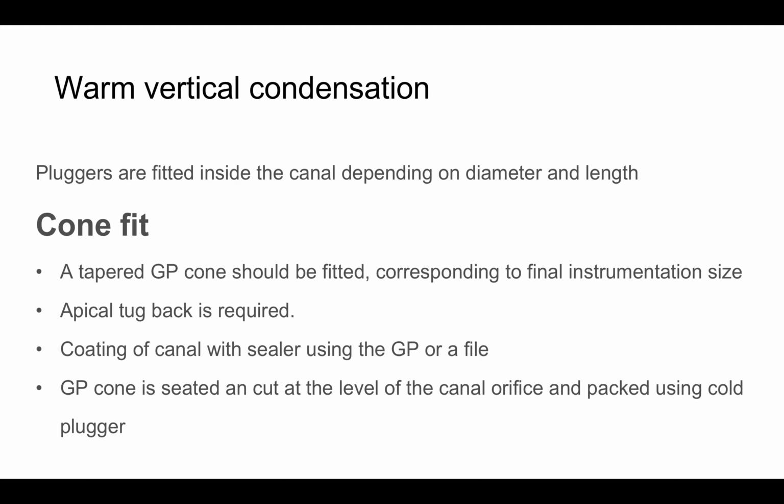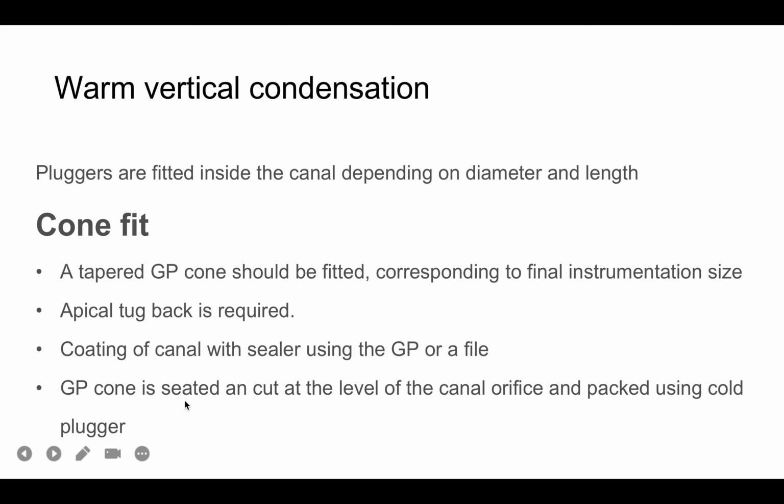And just one note here, all types of sealers can be used with this technique except the bioceramic sealer, because the bioceramic sealers cannot tolerate heat, and this technique is a heat dependent technique.